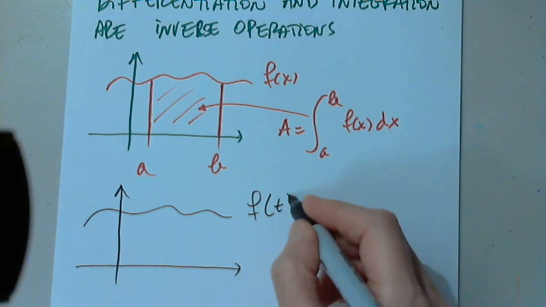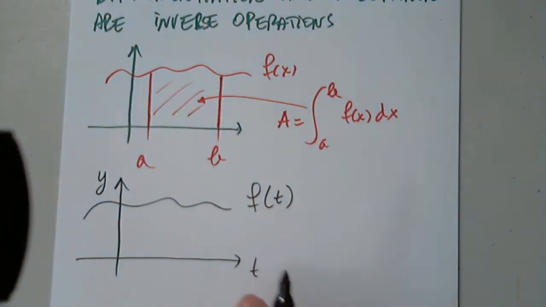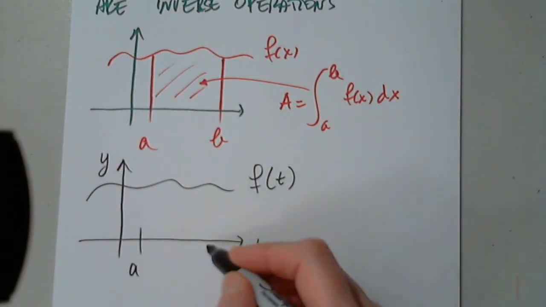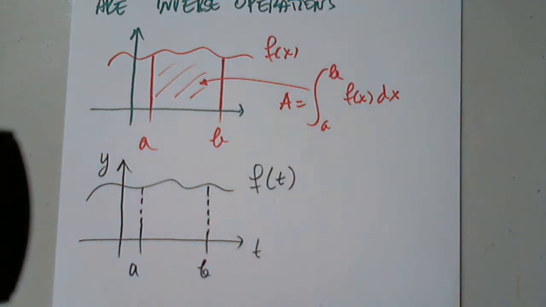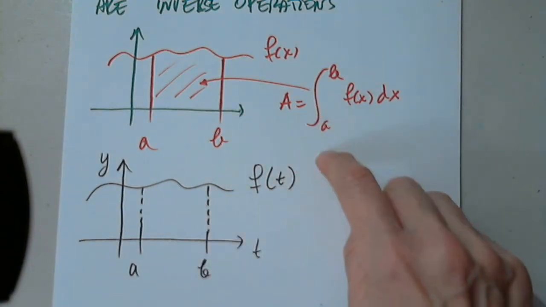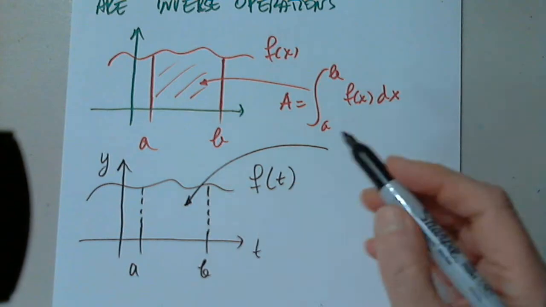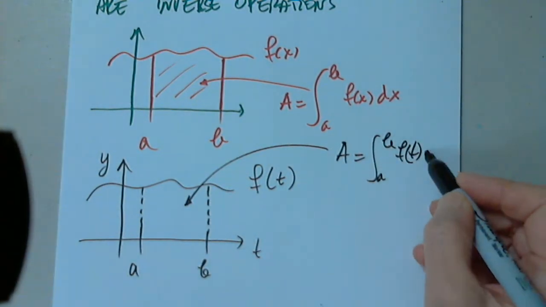I'm going to denote this by t. Who cares? It's not important. But it is important for what I'm trying to explain. I do have still a and b. And this is still the same thing. It's the area between a and b of f of t dt, the whole thing. So the area, the integral from a to b of f of t dt.